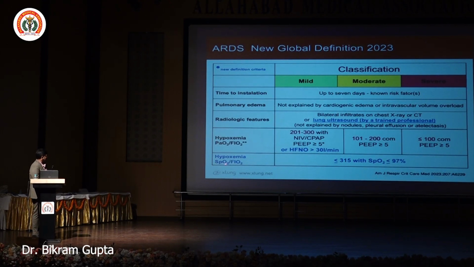And in the resource limited setting where ABG is not available, you are not able to see the PO2. In those conditions, you can use the SF ratio, and on the basis of SF ratio you again define ARDS. So in a resource limited setting, you have to see the time, rule out pulmonary edema, go for the radiological features, and see the SF ratio, not the PF ratio.